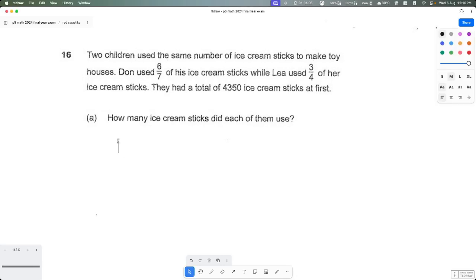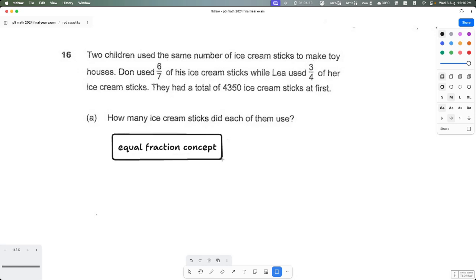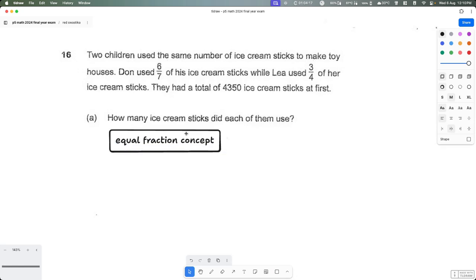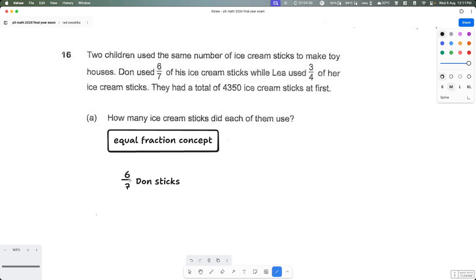So this is what we call the equal fraction concept. What do you mean by this? We know that they use the same amount. So that means 6 out of 7 of Dawn's sticks is used, the same as 3/4 of Leia's sticks, so 3 out of 4.